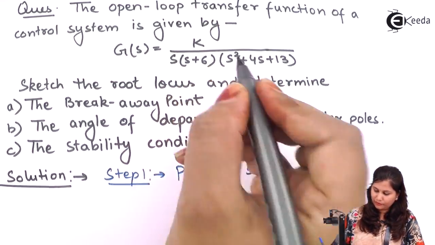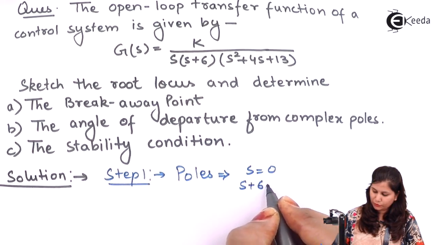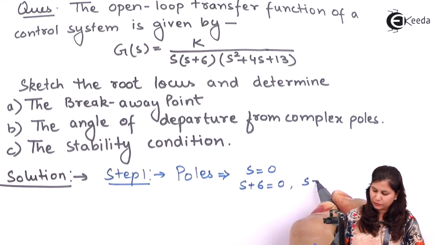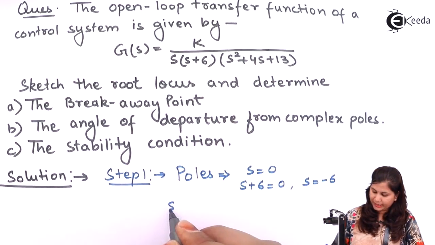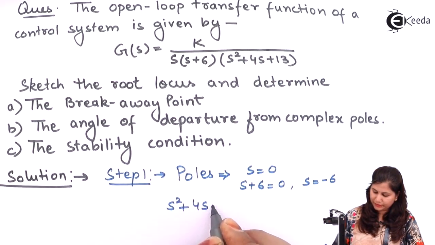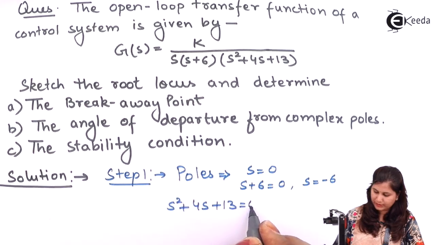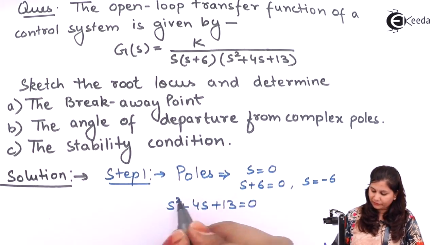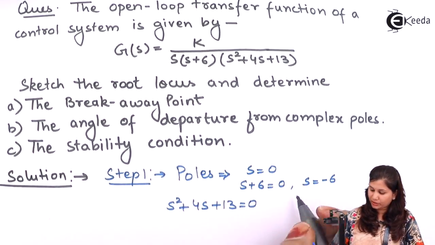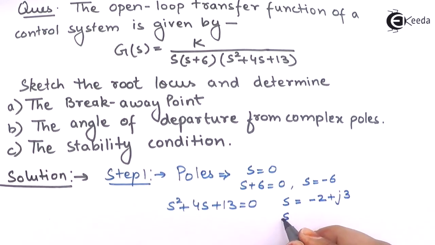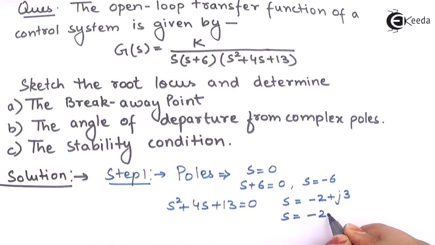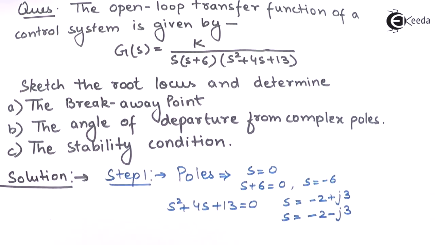Then our second pole will be s + 6 = 0, that is s = -6. And our third pole will be s² + 4s + 13 = 0. When we solve this quadratic equation, its roots will be -2 + j3 and -2 - j3.